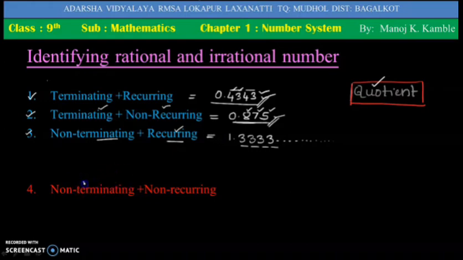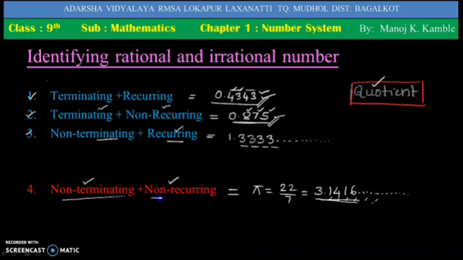And the last one, non-terminating with non-recurring. It means the decimal expansion never stops and does not repeat. For example, take the value of pi, that is 22 divided by 7. It becomes 3.1416 dash dash. This is non-terminating because the decimals do not end here; it continues as it is. Non-recurring means the digits are not repeating. That's why this type is called non-terminating with non-recurring.